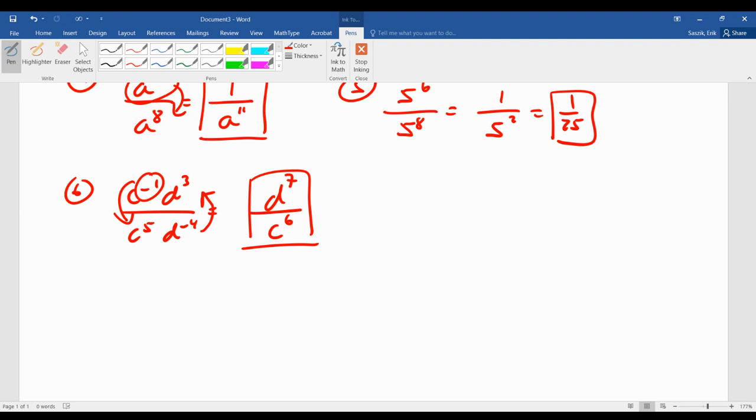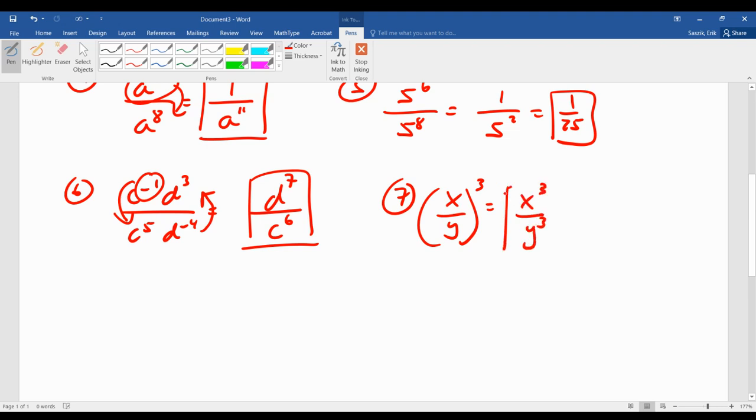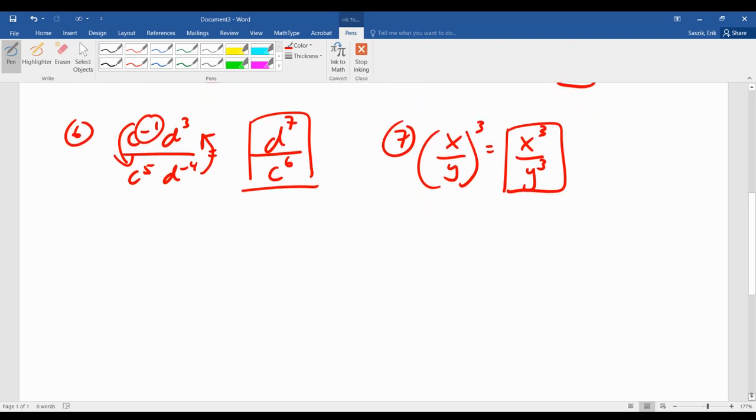Okay. Now, some problems I want to do here, we've already touched on this too. Remember, if you saw something like this, a fraction raised to a power, both the numerator and the denominator get that power, okay? They both get the power.